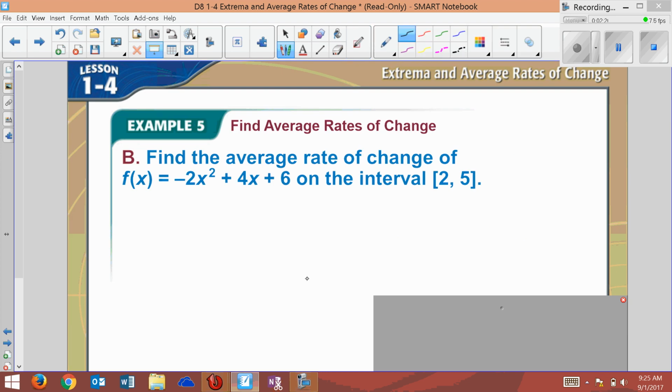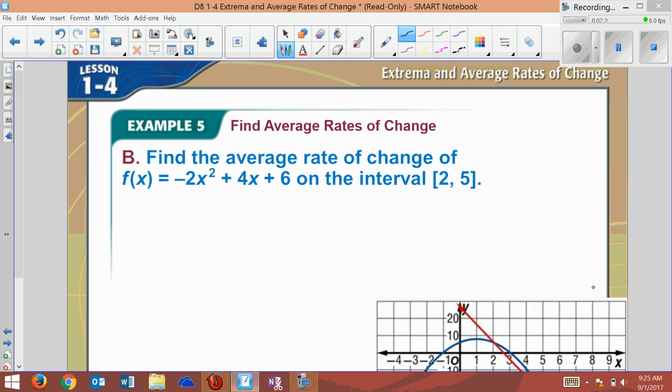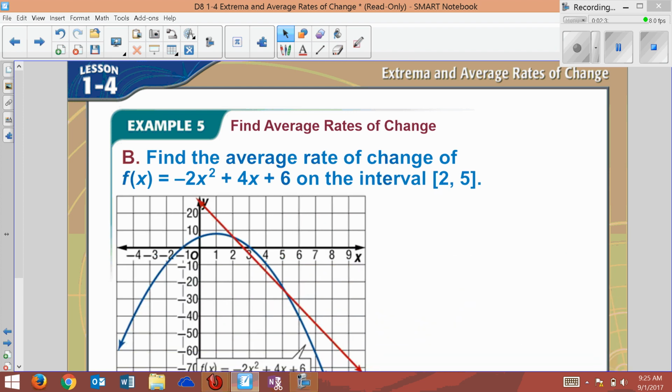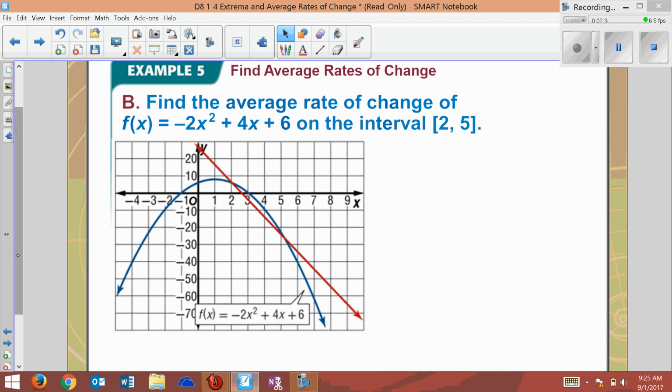It says find the average rate of change of this new equation on the interval 2 to 5. So we're looking here between this point here, 2, and this point here at 5. Now it appears to me that this point is right at 2, and it's hard to tell exactly how high that is.